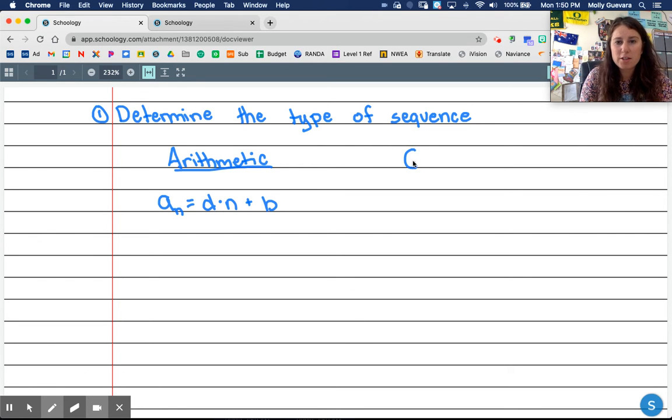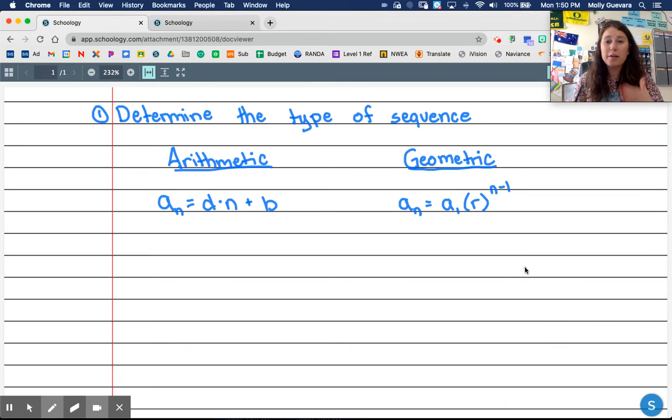Versus if it's geometric, it will be the equation a sub n is equal to a sub 1 times r to the n minus 1.